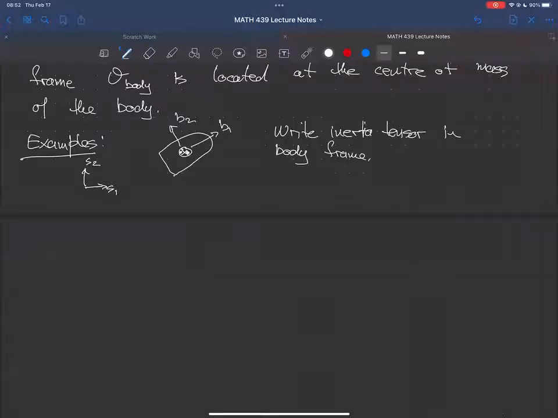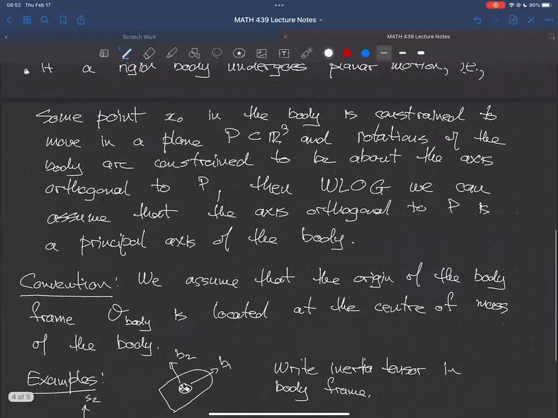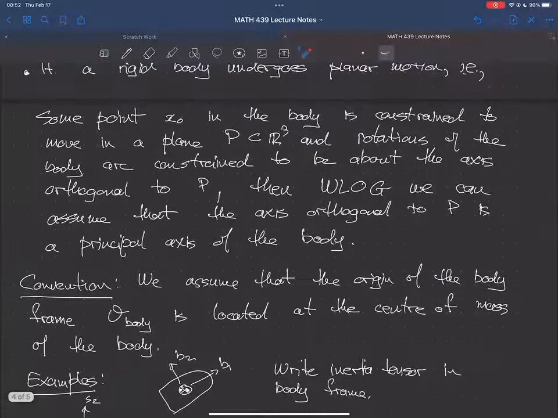Okay, and what's the inertia tensor here? Well, we don't really know that much. The body could have some kind of a crazy shape. And so this is a situation where I'm going to use my fact here, that if a body undergoes planar motion, then I'm going to take the axis orthogonal to the motion, which in this case is the B3 axis.